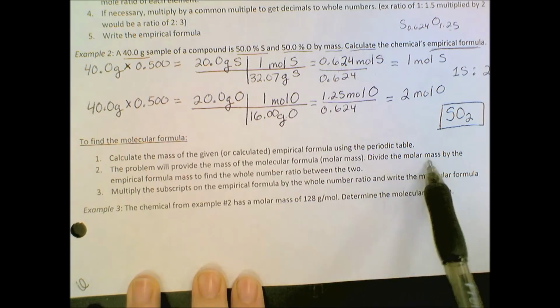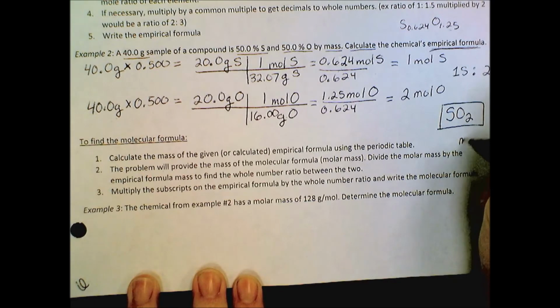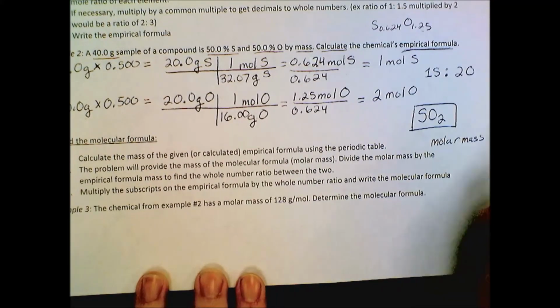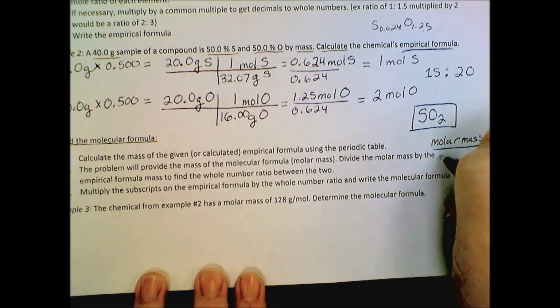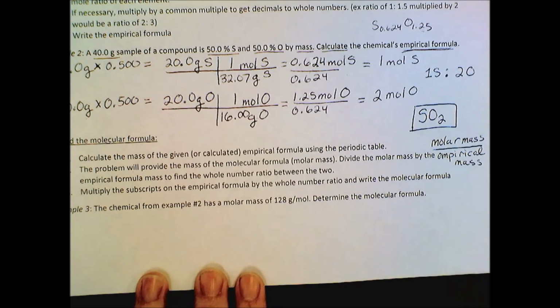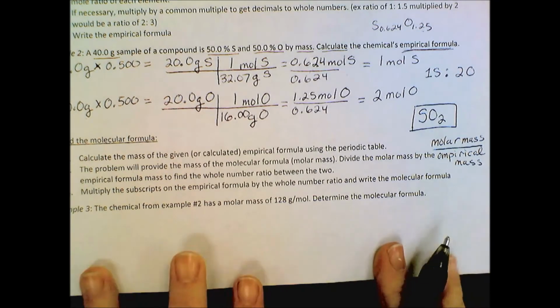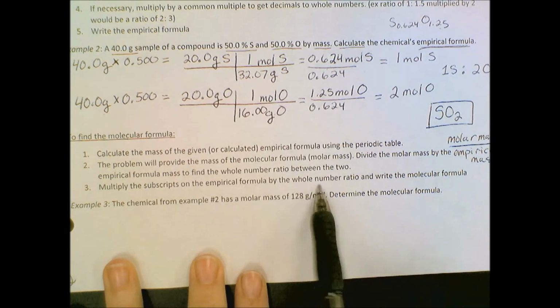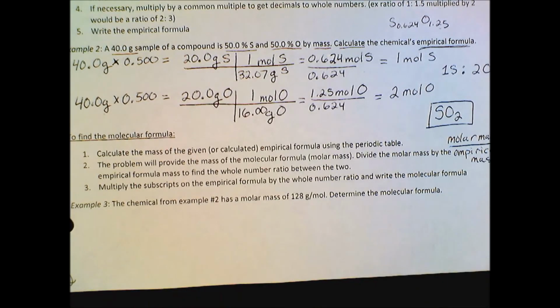We're going to divide the molar mass, write a little formula to the side here, scooch this over so you guys can see. We're going to divide the molar mass by the empirical, I'll call it the empirical mass. And we're going to get a whole number. That is that whole number we want to multiply by. So we'll multiply the subscripts in the empirical formula by that whole number ratio and write the molecular formula.